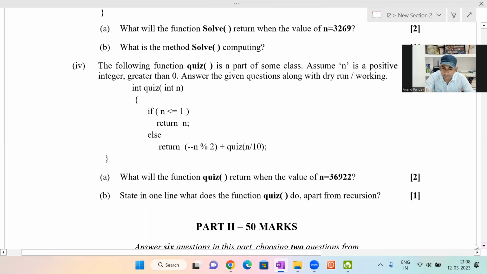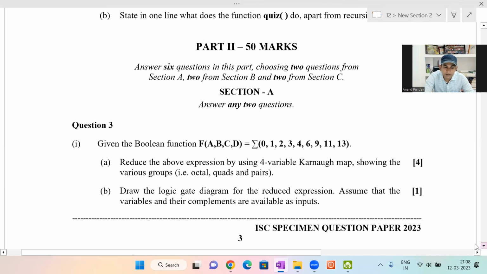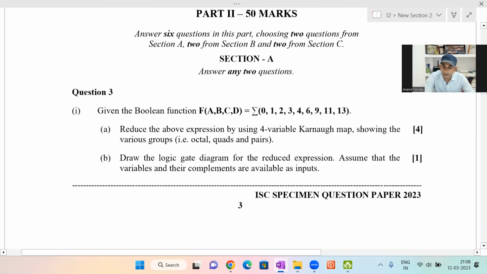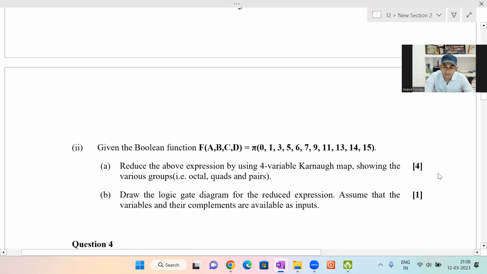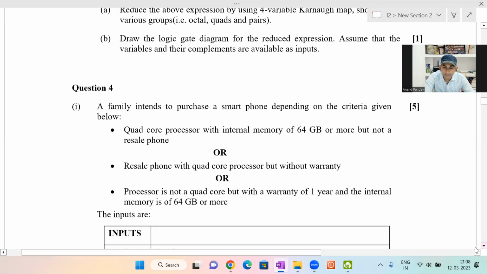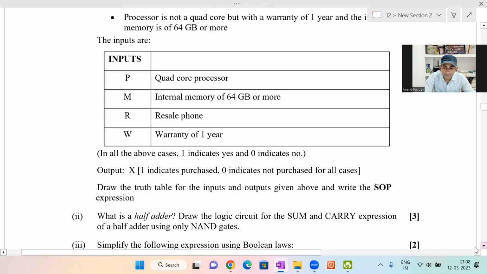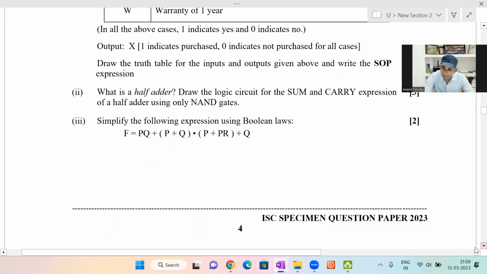Out of 26 marks, it is from that chapter only, that topic only, Boolean algebra. 6 marks. Then this 5 marks. And this 5 marks means 6, 5, 10 marks, 16 marks. Okay, 16 marks. This question is also from there. 10 marks, 26. 26 I have shown you.